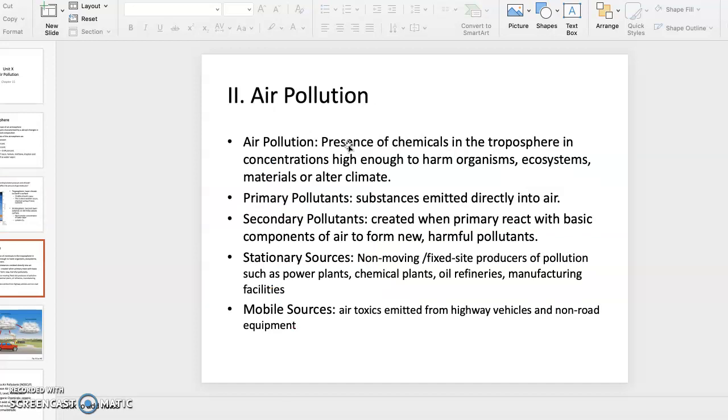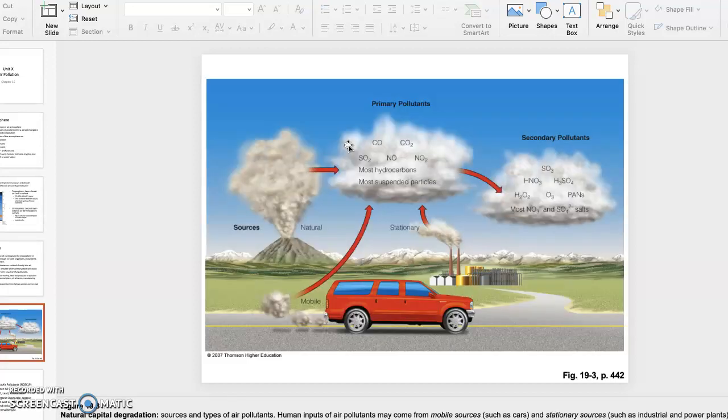So in your booklet, we talked about primary pollutants and secondary pollutants, and the question is to identify the gases as primary or secondary. So using this picture, pause the video, and in your booklet on page 17, write down whether it's primary or secondary for the different pollutants.